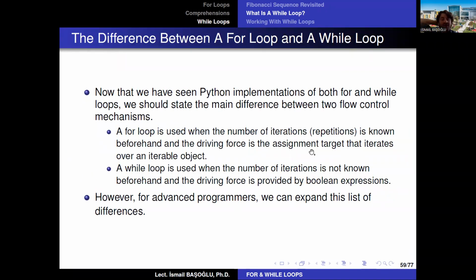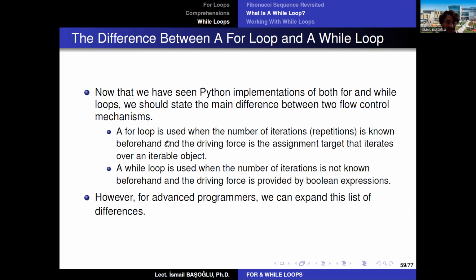Now we have seen an example on while loops, and we have seen many examples on for loops. We are going to see many other examples about while loops later on. Here, we need to mention the differences. Then we are going to give a break. A for loop is basically used when the number of iterations is known beforehand.